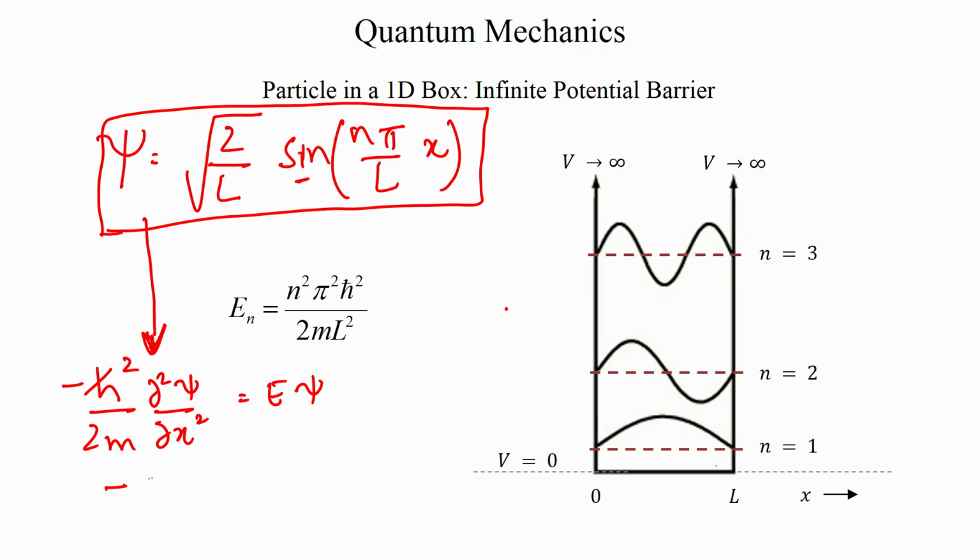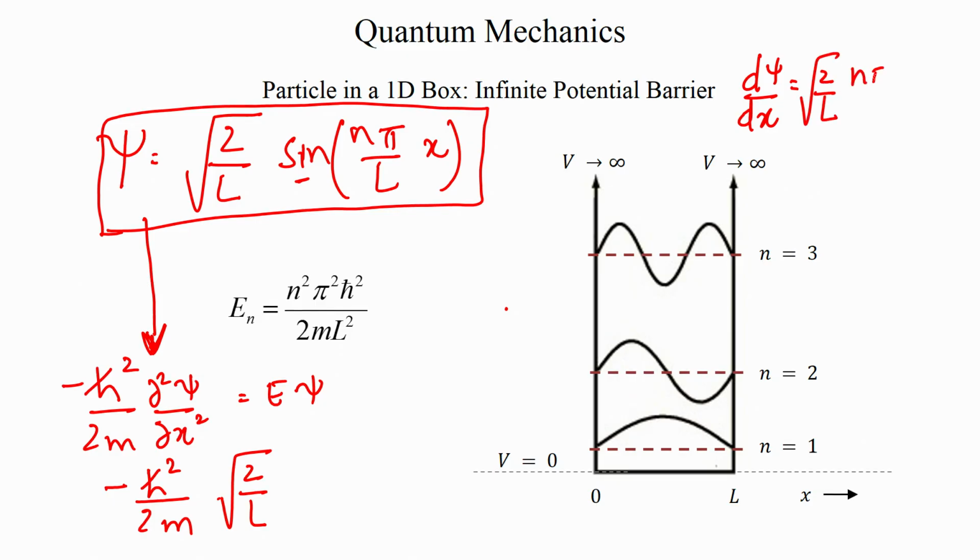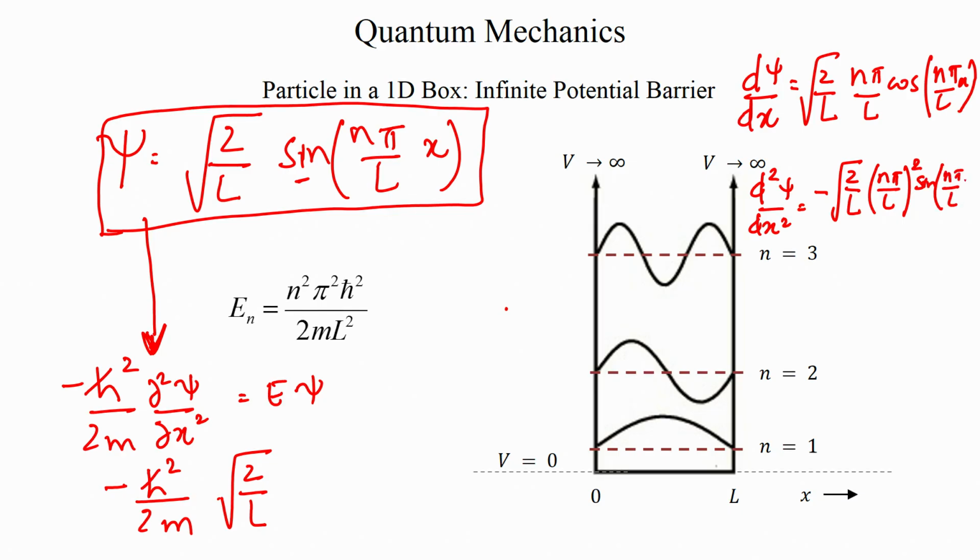The first derivative, d psi by dx, is square root of 2 by L into n pi by L cosine of n pi by L x, and my d square psi by dx square is going to be minus square root of 2 by L into n pi by L whole square sine of n pi by L x.